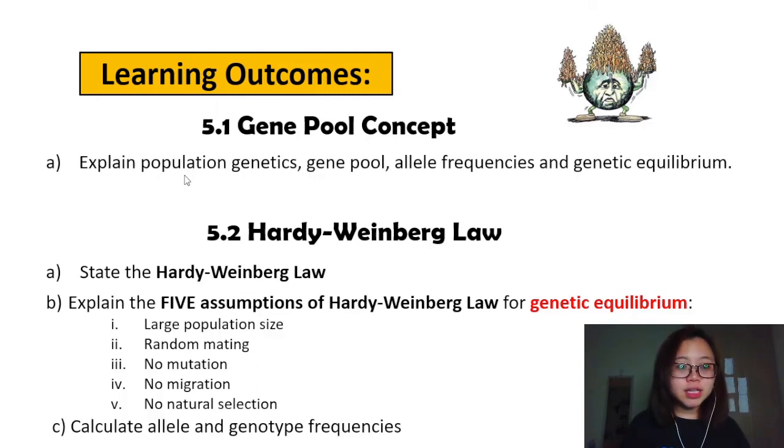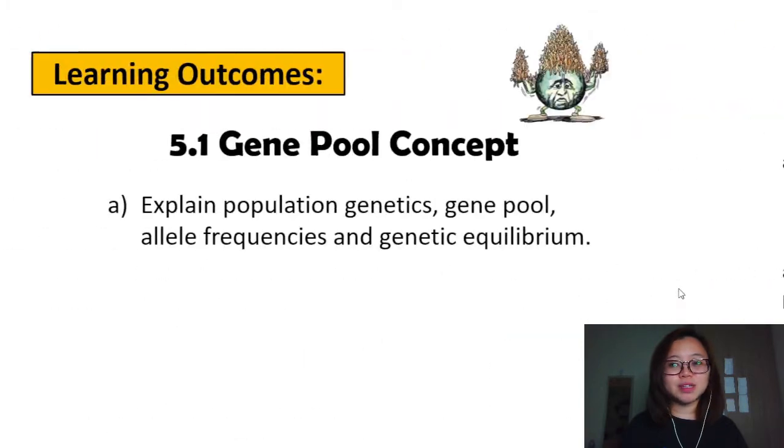So this and 5.1a, 5.2ab are going to be covered in this video. 5.2c is something that you will go into and hopefully master through your tutorial exercises. So for this video, we're focusing on these 3 learning outcomes.